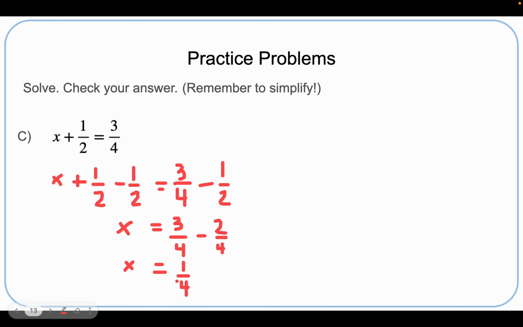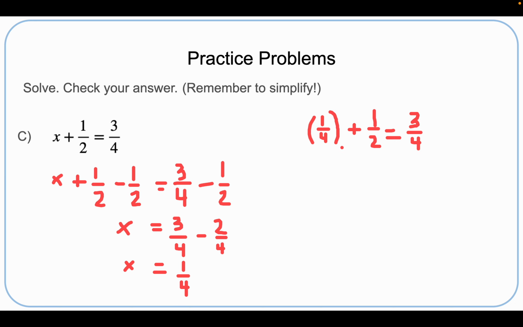And if we check and put 1/4 in for x, let's just do that over here. And again, when you are checking your answers, go ahead and put parentheses where your variable was. Rewrite all the rest of it.